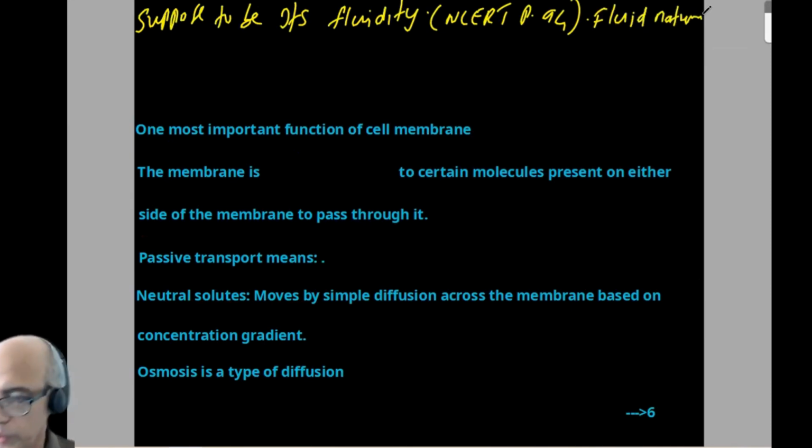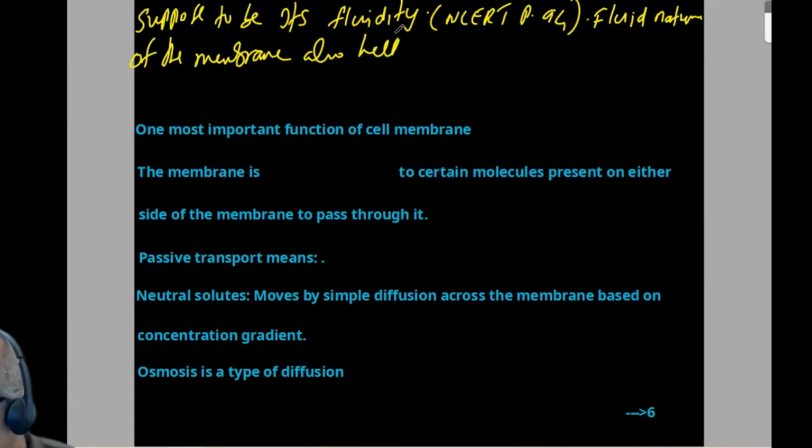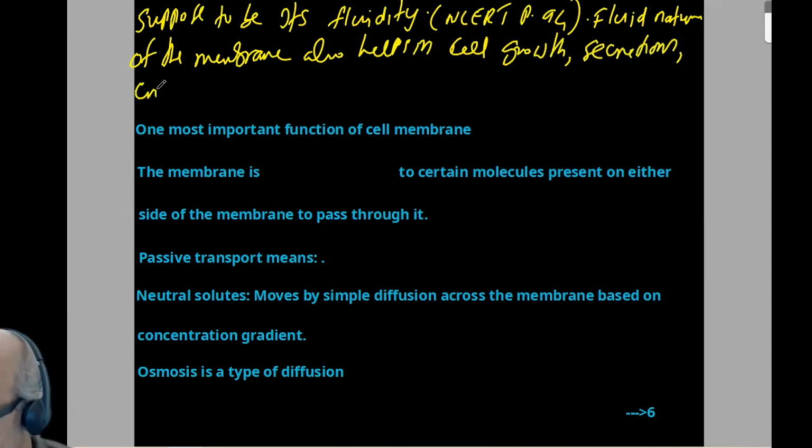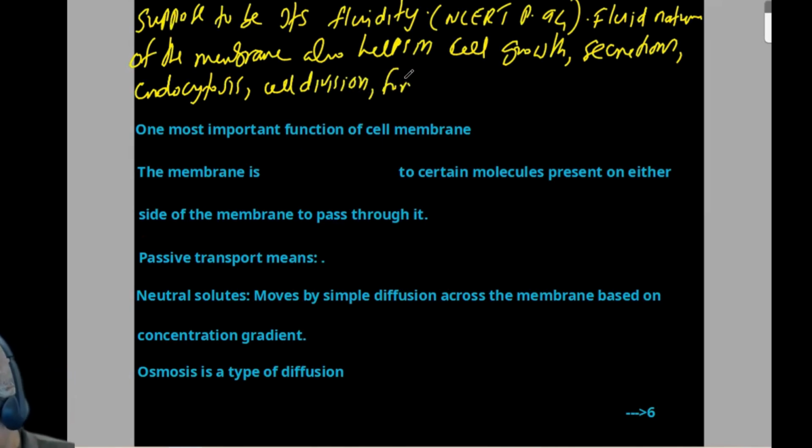The fluid nature of the membrane also helps in cell growth, secretions, then endocytosis, how things are taken in, and cell division. All this can be explained. And even the last item, formation of intercellular junctions. See the advantages of quasi-fluid nature.